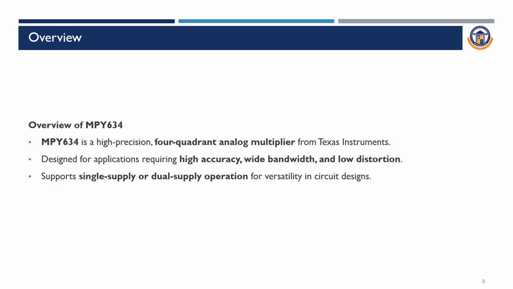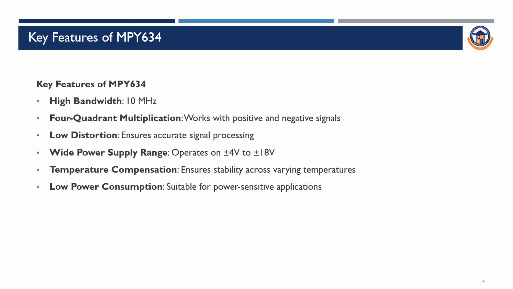High precision means it will produce outputs for small changes, or fractions of changes, in the input signal. It will produce a clear output with accuracy and can be used over a wide bandwidth. The high bandwidth is a big advantage in signal processing or signal transmission, and also low distortion. These features support this IC being used in signal transmission or signal processing.